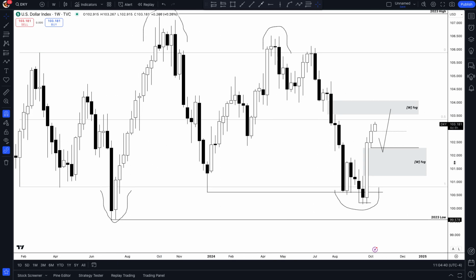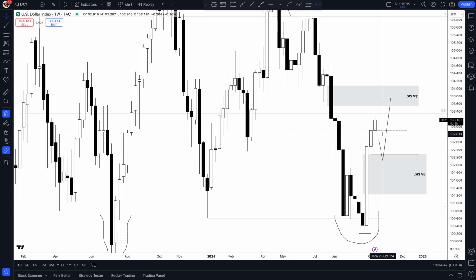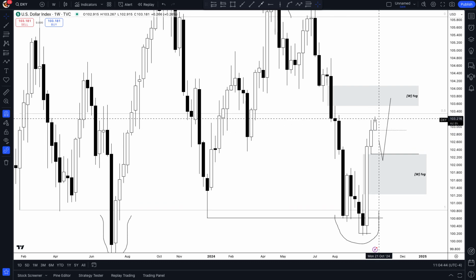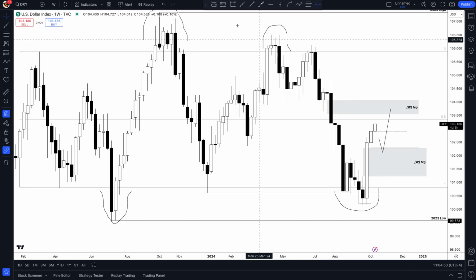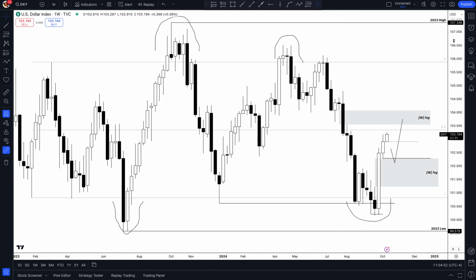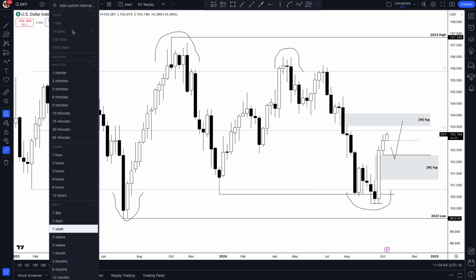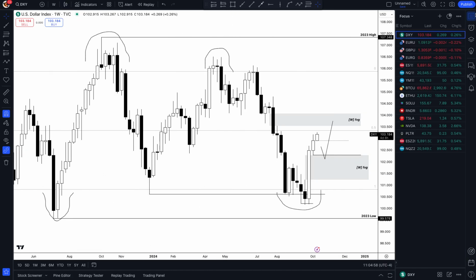Right here we have no lower wick, so this could be potentially manipulation above the weekly open, and then we'll kind of let things build out because today is Monday, the day that I'm making this video. So we're gonna go over to EU now.